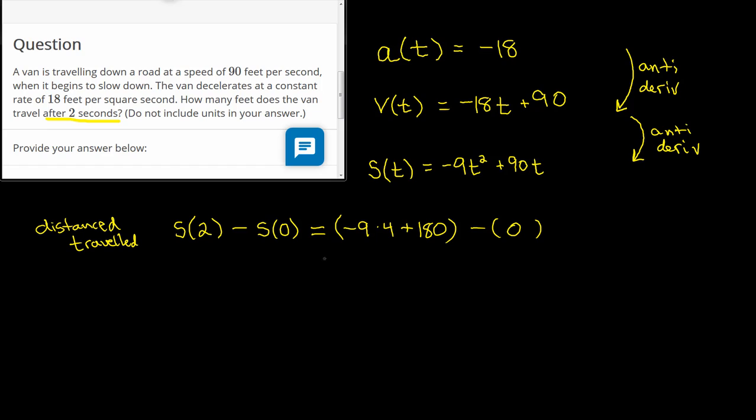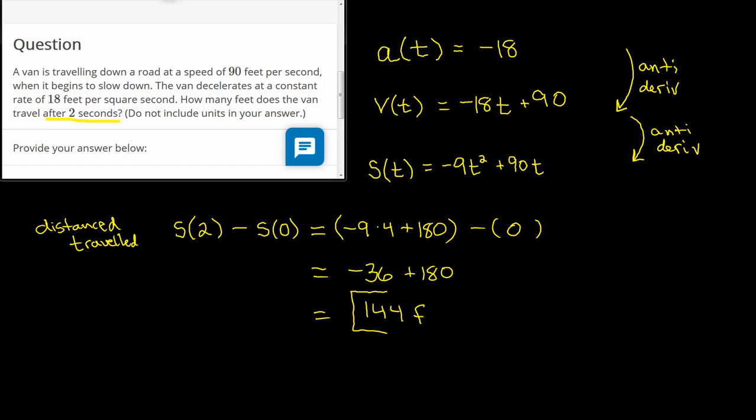Okay, and anyway, what do we get here? That's -36. -36 plus 180, and so that's equal to 144. So all right, the claim, and I guess that's in feet.